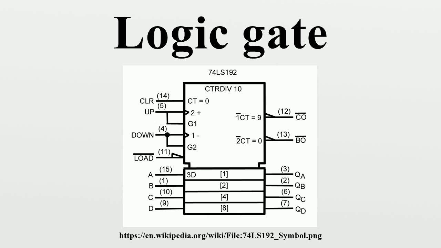CMOS uses complementary MOSFET devices to achieve a high speed with low power dissipation. For small-scale logic, designers now use prefabricated logic gates from families of devices such as the TTL 7400 series by Texas Instruments, the CMOS 4000 series by RCA, and the more recent descendants.